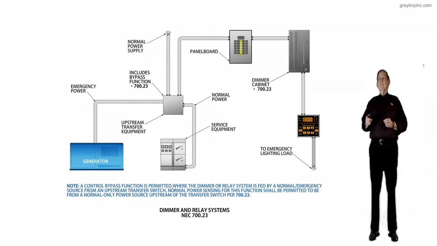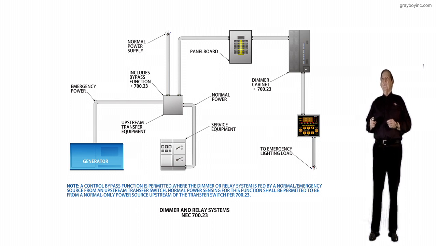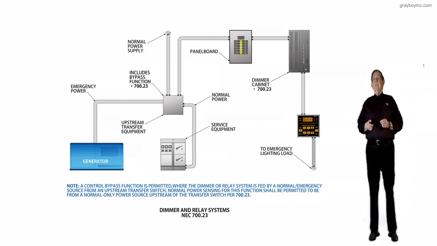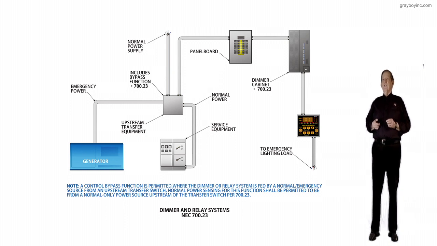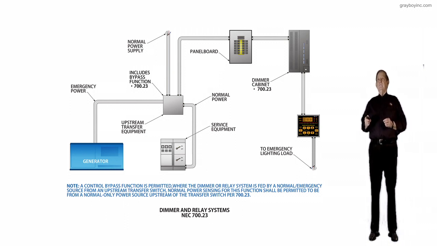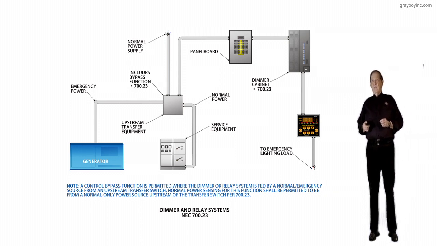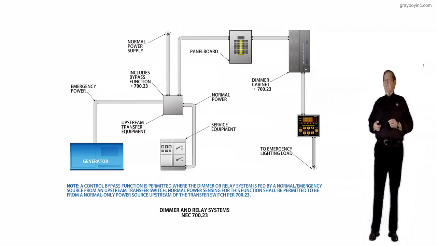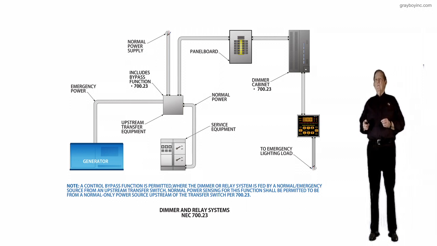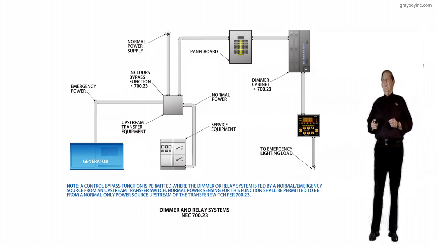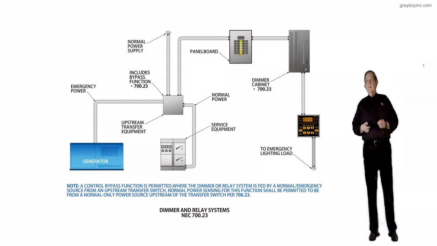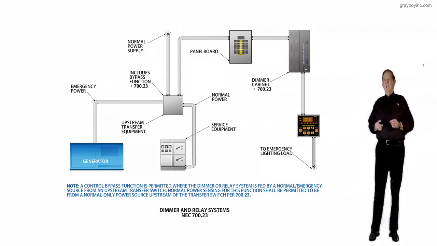And then out of the panelboard, we route over to the dimmer cabinet, 700.23, and you see the arrow and the call out there identifying it as such. And then we route out of that to the other equipment that you see there, and from that equipment, we would route it to the emergency lighting load.